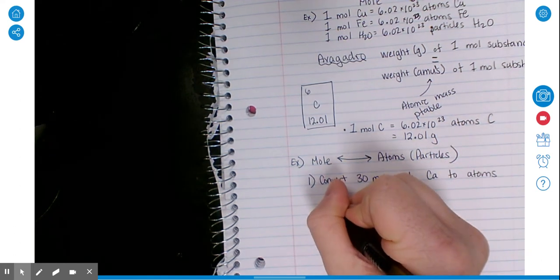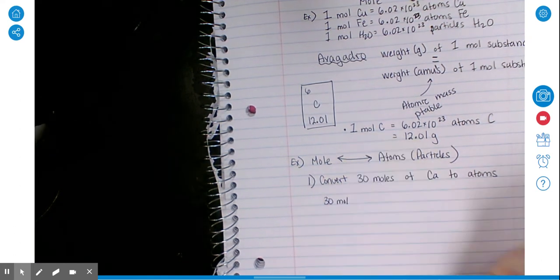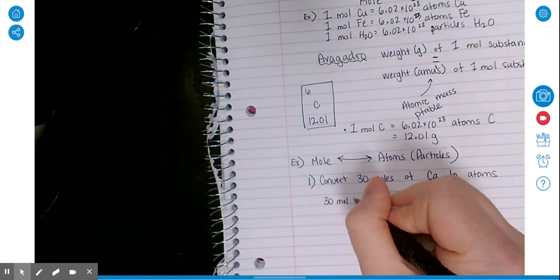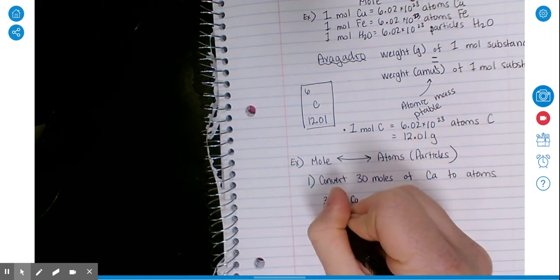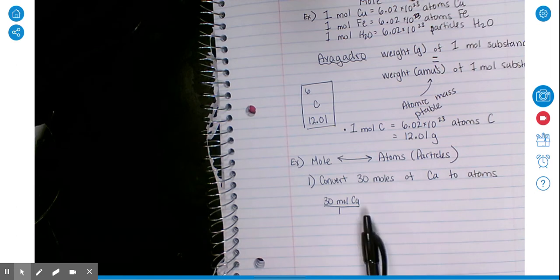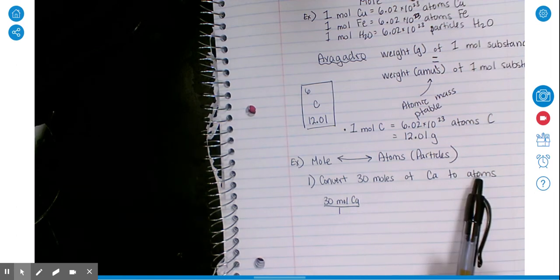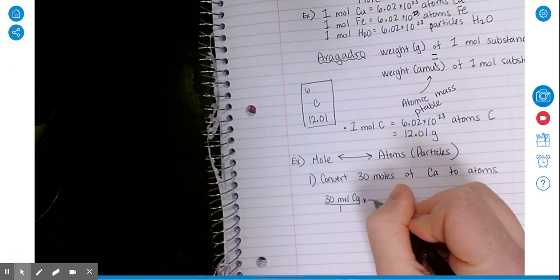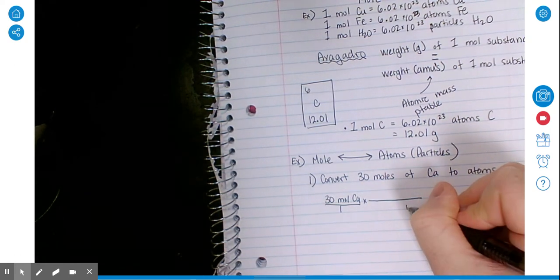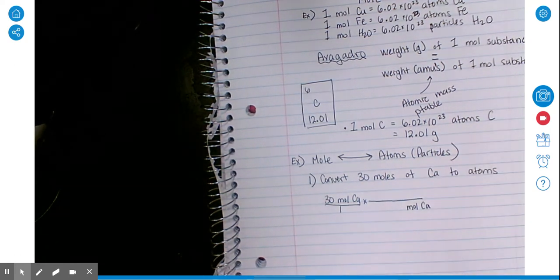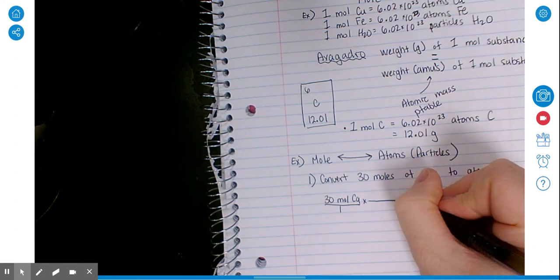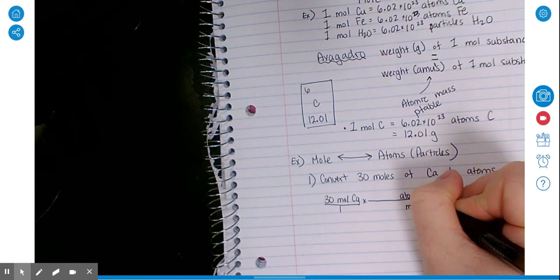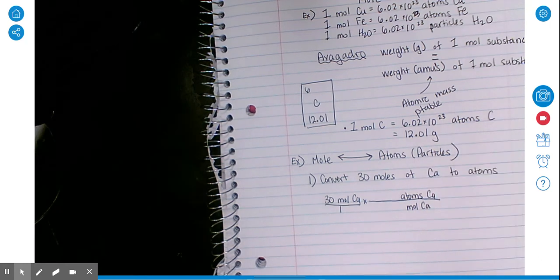I know I have 30 moles, abbreviated as MOL, just chop off the ES, of calcium. And I know my end goal is to get to atoms. How do I get from moles to atoms? By using the 6.02 bridge. Moles of calcium needs to cancel out, and then I can go to atoms of calcium.